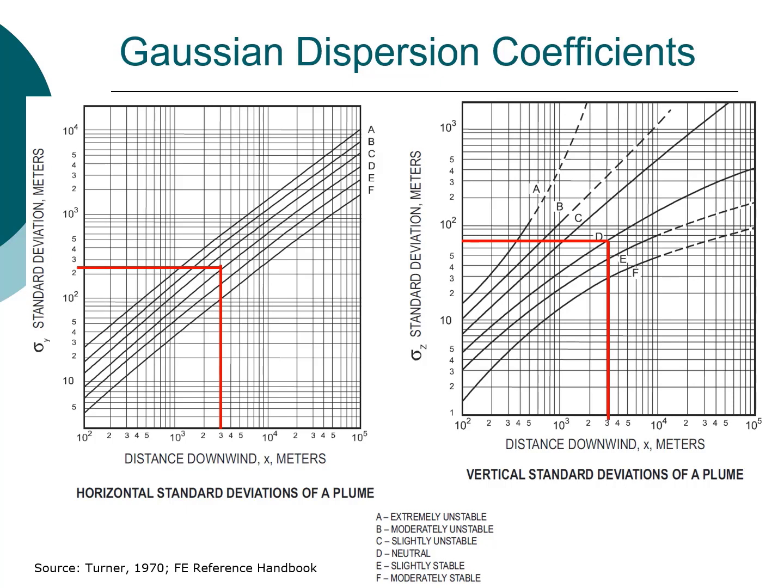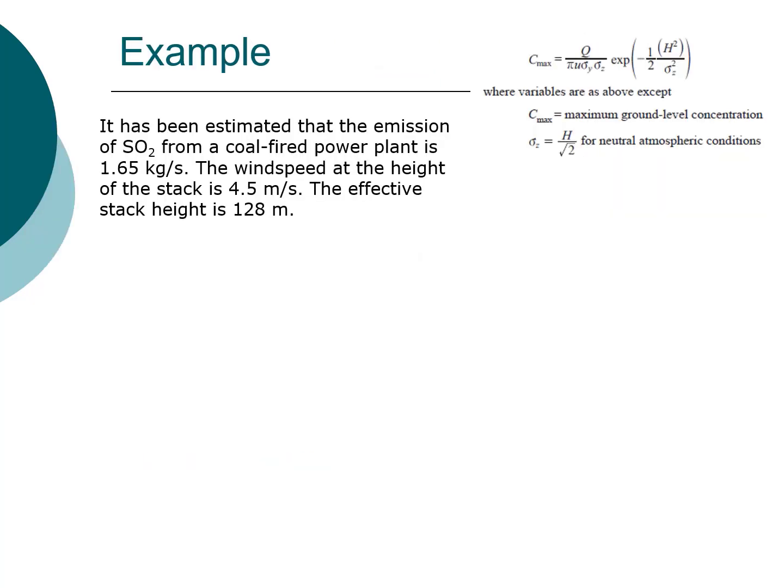And I've drawn the lines on the graph for expediency. So here we can determine sigma y as equal to 210 meters and sigma z is equal to 70 meters.